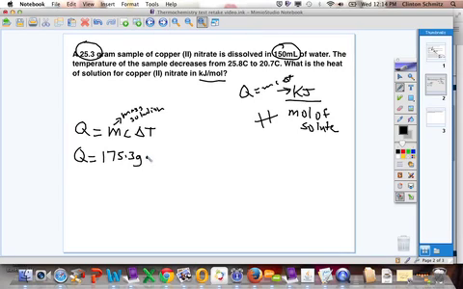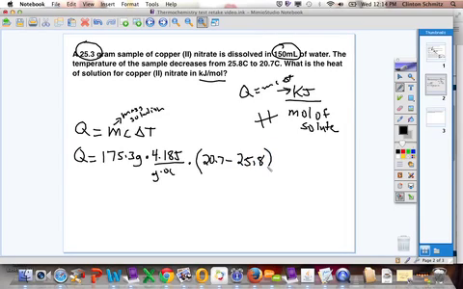Then we multiply that times the specific heat of our solution, and in this case we just use the specific heat of water, which is 4.18 joules per gram degrees Celsius. Then we multiply by the temperature change, which is always final minus initial. So we take 20.7 minus the initial, which is 25.8.